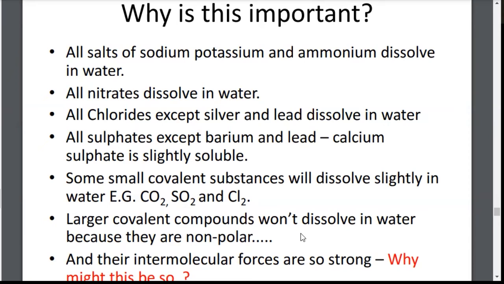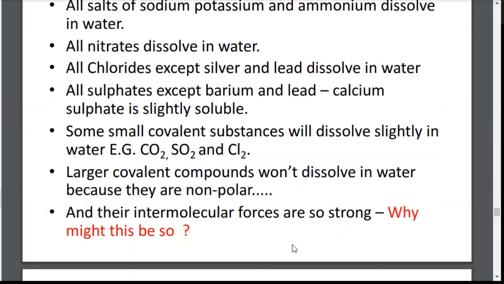dissolve in water because they are non-polar, and because the intermolecular forces between them are so strong. And the reason for that is there are so many particles, so many molecules which make up the structure. Think about diamond, think about how big it is.